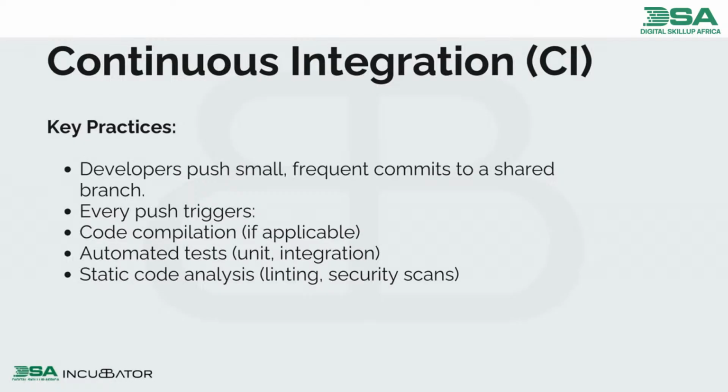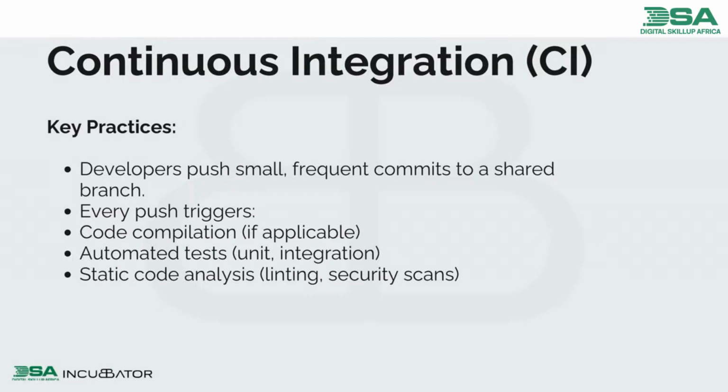What CI allows you to do as a developer is push small, frequent commits to a shared branch. So you can say that you have this feature branch, and then each one of you can create a fork from that branch. And as you are implementing your features, you continue to create commits and push to the shared branch.